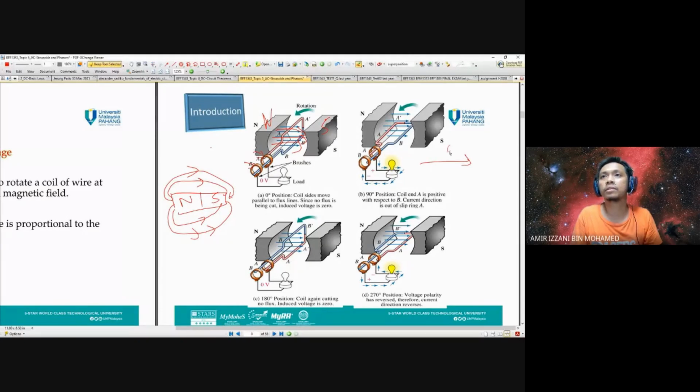This is the conductor, and it moves 90 degrees here. The flux is around it. So now I move until here at this position.